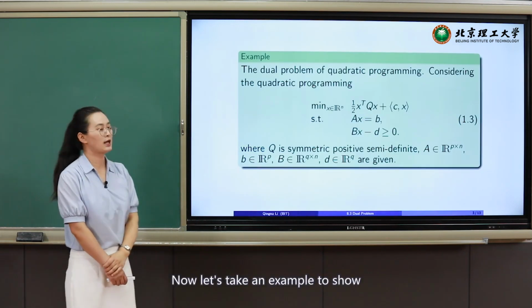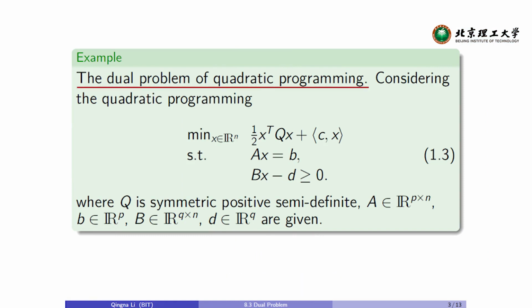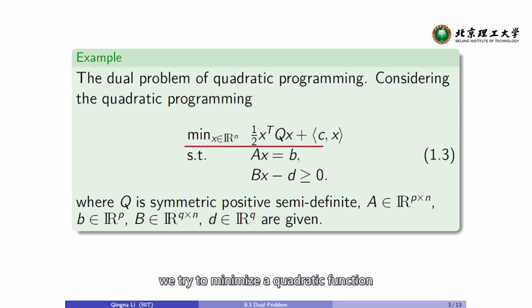Now, let's take an example to show how we derive the dual problem. Let's take quadratic programming, for example. In quadratic programming, we try to minimize the quadratic function x transpose Qx plus c transpose x.